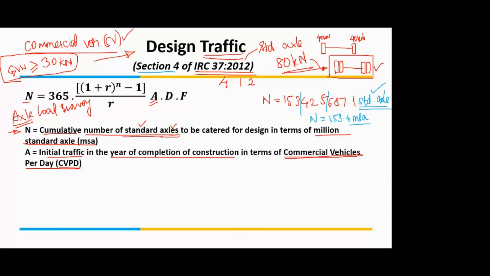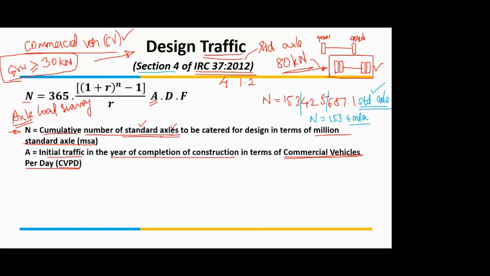Just like in the origin destination survey, if we select the roadside interview method, we stop some vehicles randomly and ask them questions. In the axle load survey, sort of the same thing is done: you stop some vehicles randomly, but here you don't ask them questions, you directly weigh their axle weight.